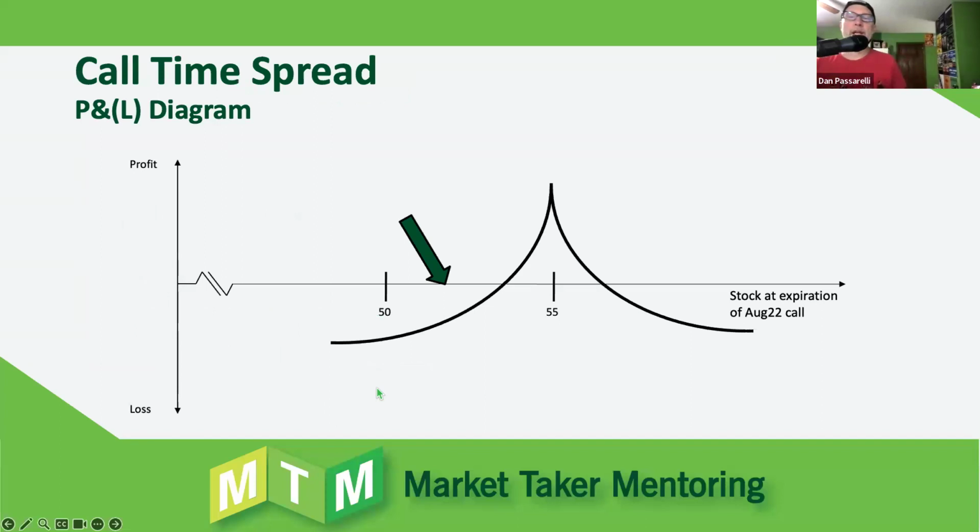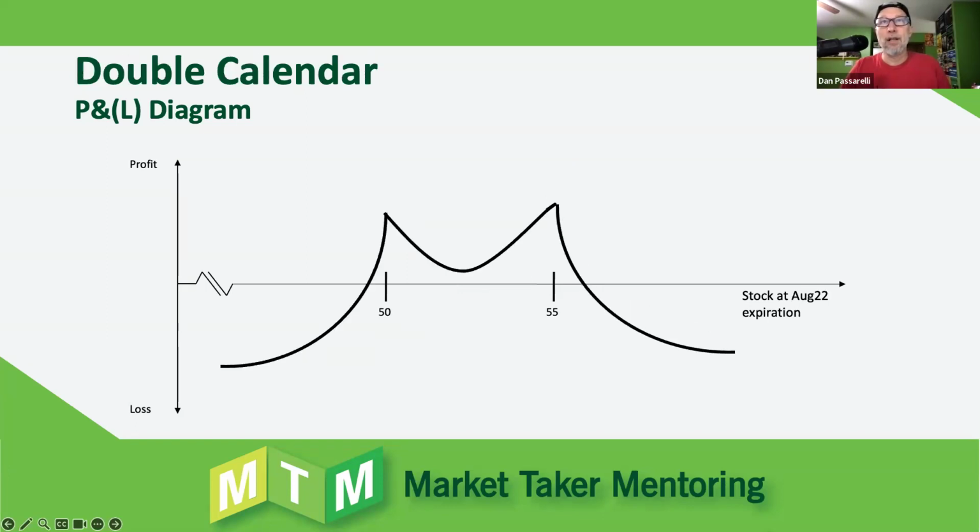Well, here's what happens. We go from here, right? This is our trade. Our stock price is now here. This is our original trade. But if we then add the 50 put calendar, it turns into this.